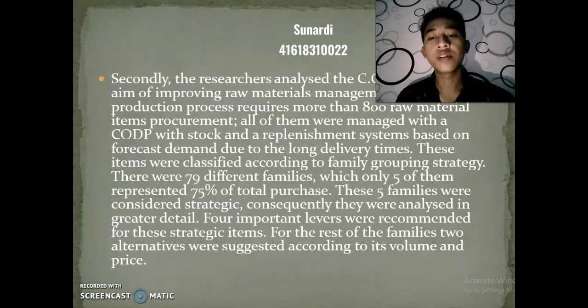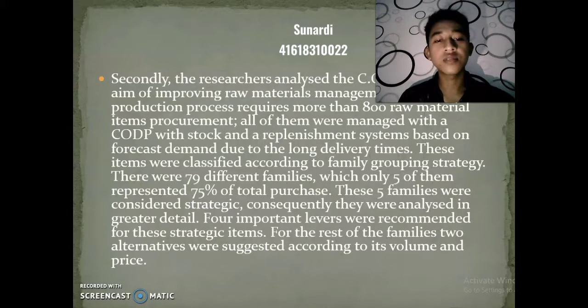All of them were managed with a COTP with stock and a replenishment system based on forecast demand due to the long delivery times. These items were classified according to a family grouping strategy.